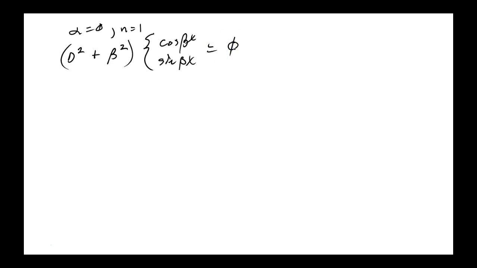Okay? Now, for example, what if you had D squared plus 16? Okay? 16 is obviously 4 squared, so that would annihilate any linear combination of sine of 4x or cosine 4x.